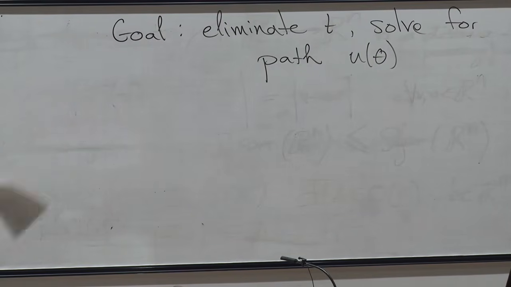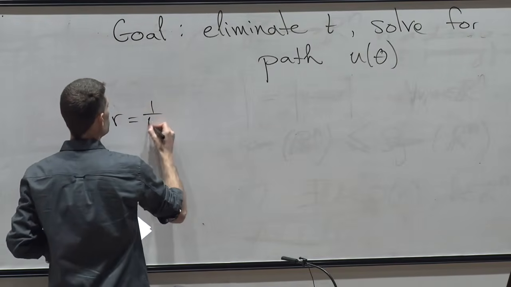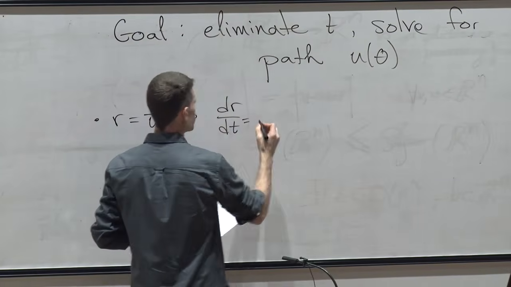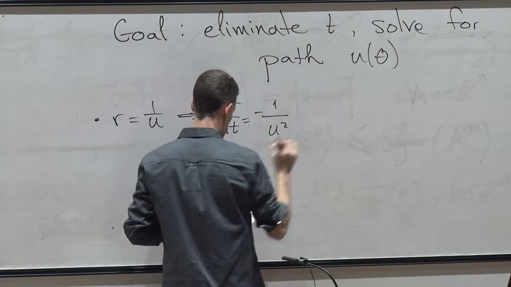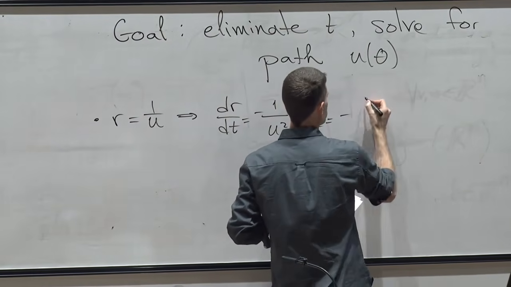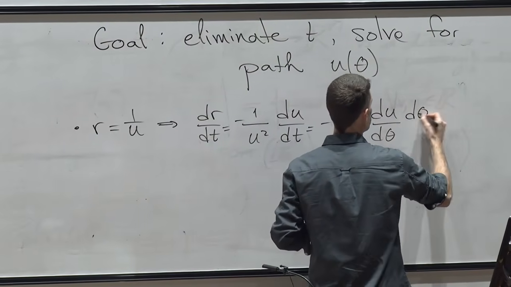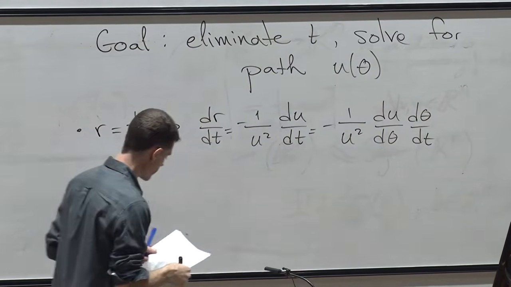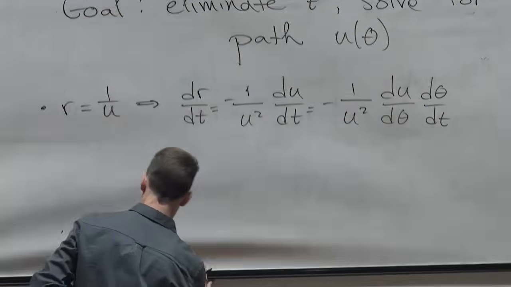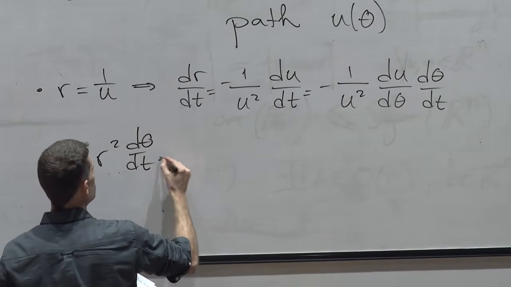so it's just being careful about how I convert into u via the chain rule. So r is 1 over u, which means that dr dt is negative 1 over u squared du dt. Now I'm going to write that as negative 1 over u squared du d theta d theta dt. But I know that r squared theta dot, which is r squared d theta dt, is h.